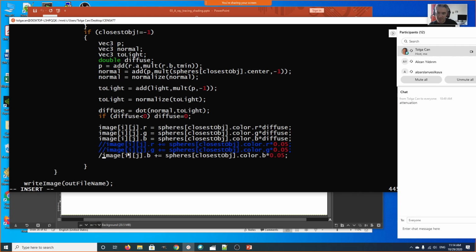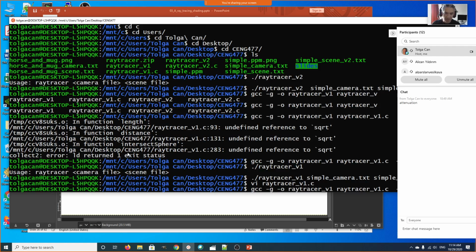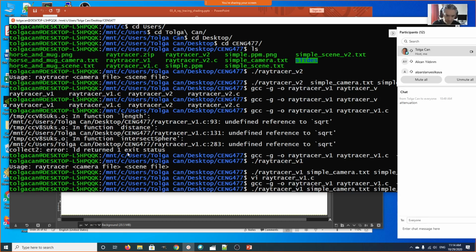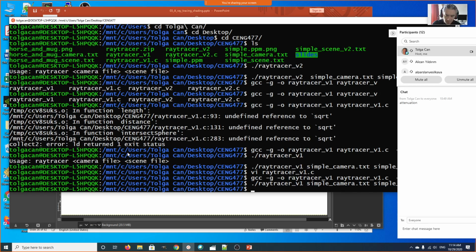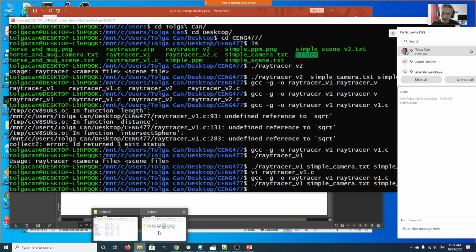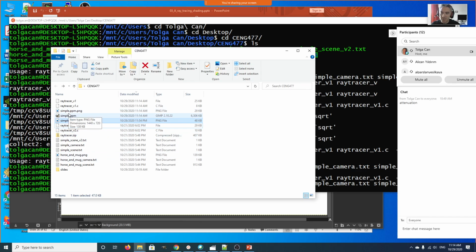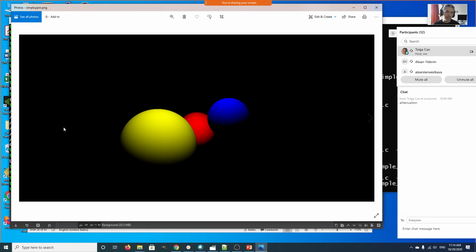So let me comment them out, compile and run it again. All right, if you look at the image, we'll see that now the image contains just the diffuse component. With just the diffuse component, it looks like this.